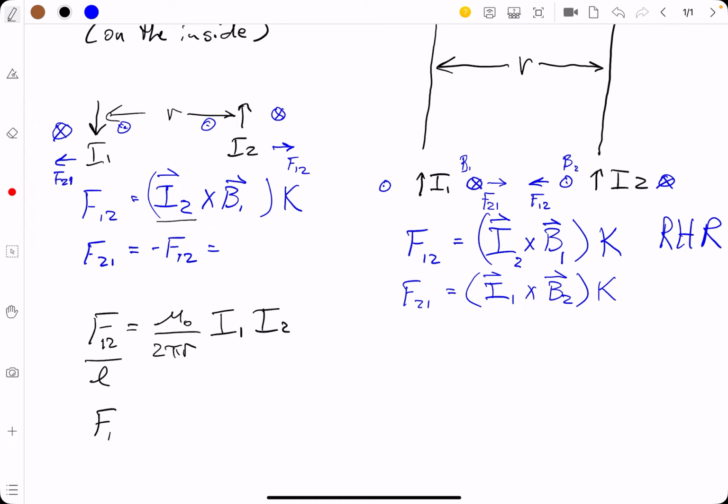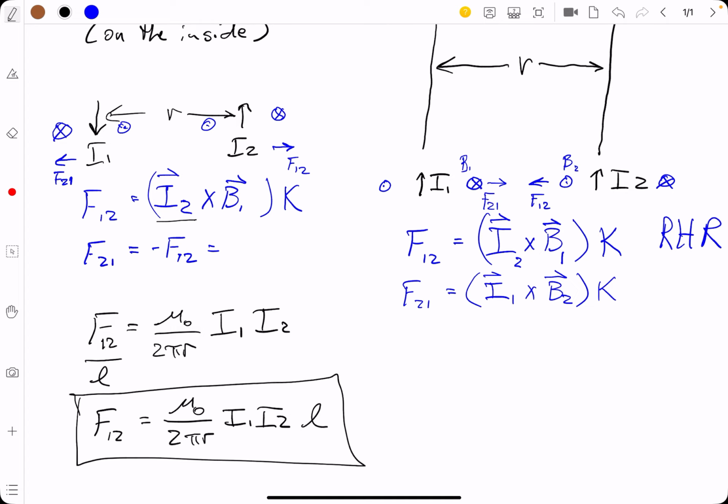So if we want just the straight up force, then we have to say mu naught I1 I2 over 2 pi r times the length that we are doing this over. The length would be some length like this that we could decide, maybe we want that length to be 1 meter or something. So that's the force that you would have.